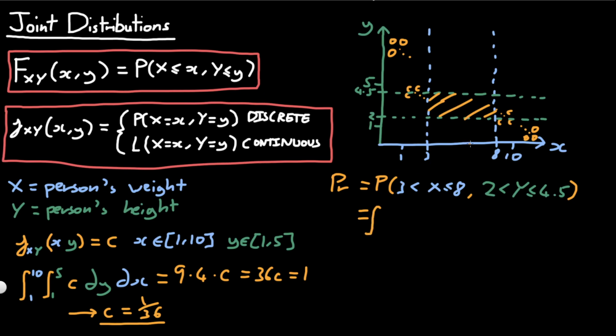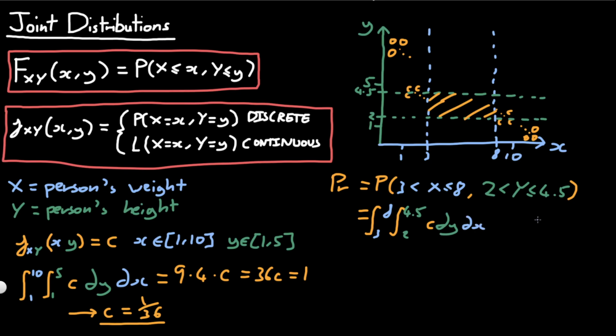So we integrate over the range 3 to 8, but I like to think of it as saying for that range. So for the range 3 to 8, and for the y range 2 to 4.5, we take that value c, with respect to y and with respect to x.